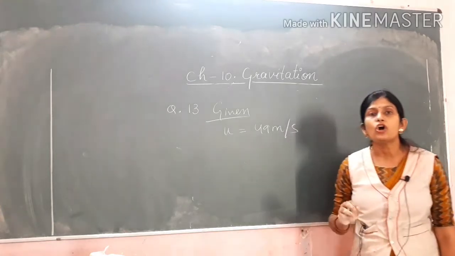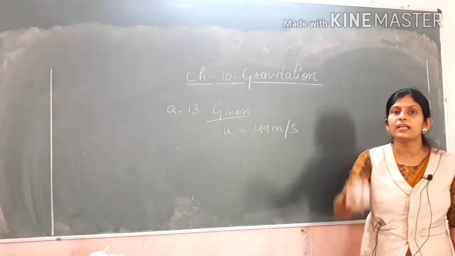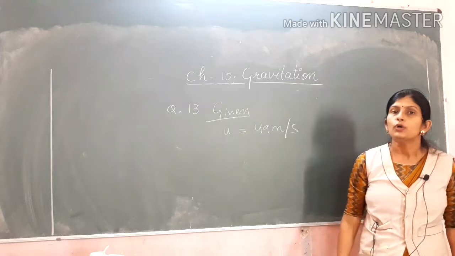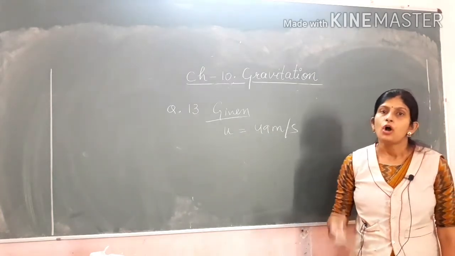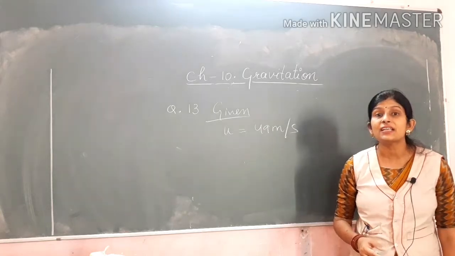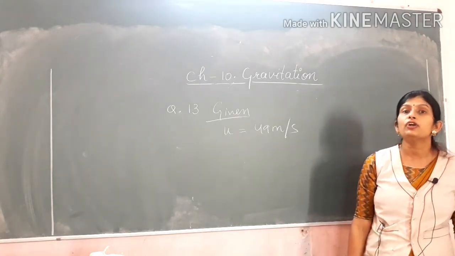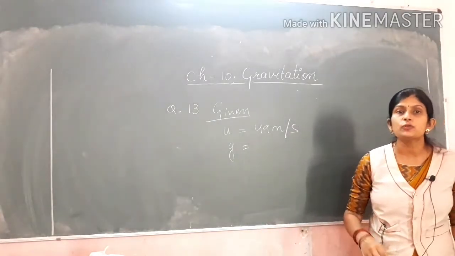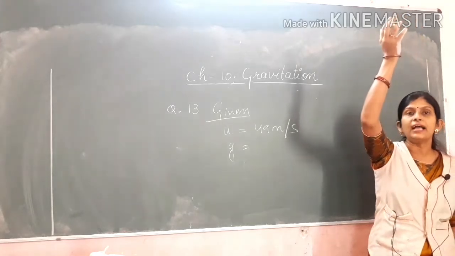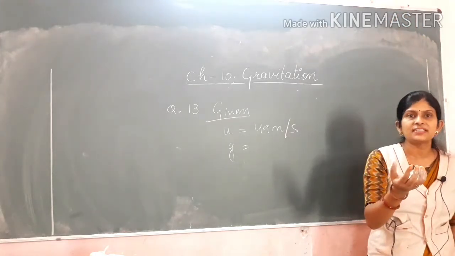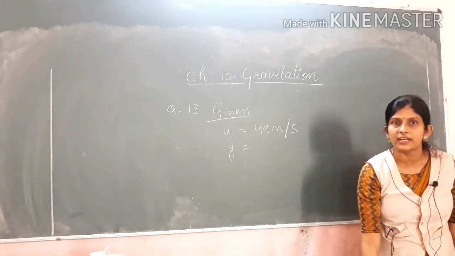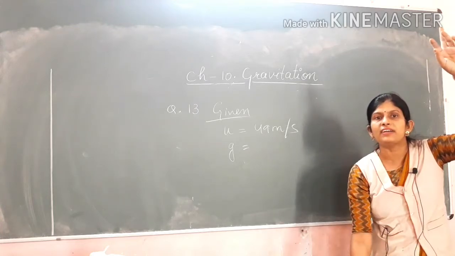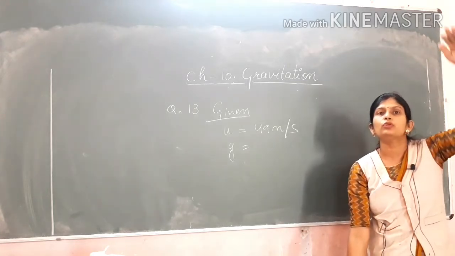Now, when an object is thrown vertically upwards or it is made to fall vertically downwards, during these movements that object undergoes acceleration due to gravity, denoted with small g. If object is moving vertically upward, then it experiences acceleration due to gravity in downward direction, so the direction of acceleration due to gravity is opposite to the direction of the motion of the object.